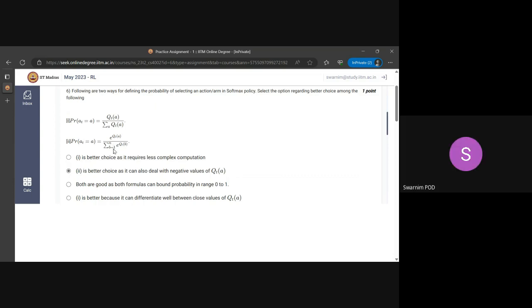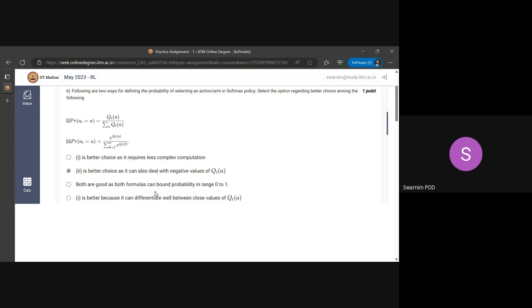By raising e to the power of any quantity, any real number, the result is always going to be 0 or more. It can never be negative. Since we are computing probabilities, that matters. So the second option is correct, and the first is definitely not correct.